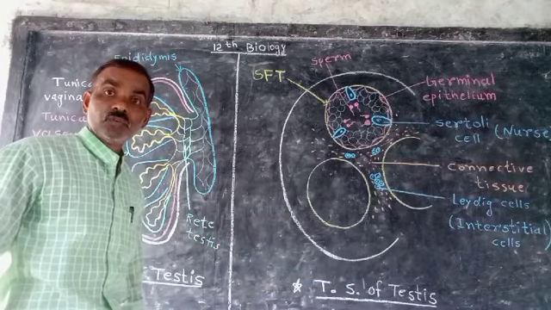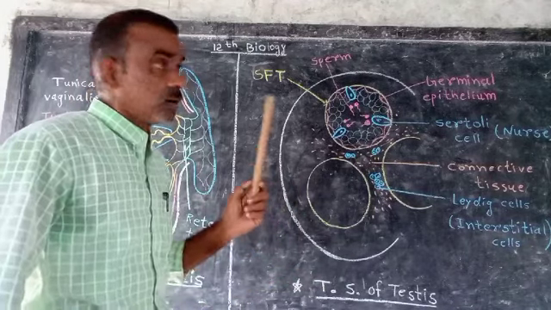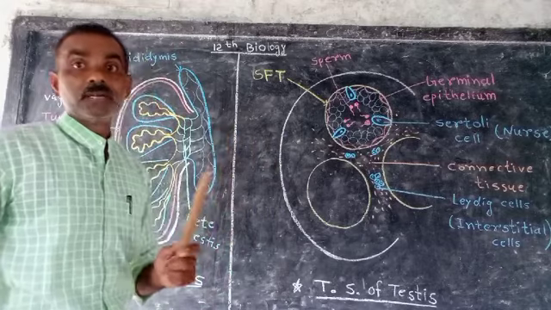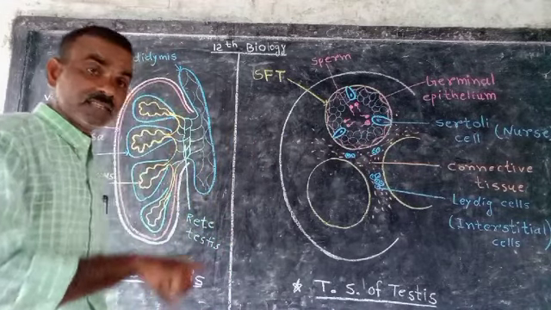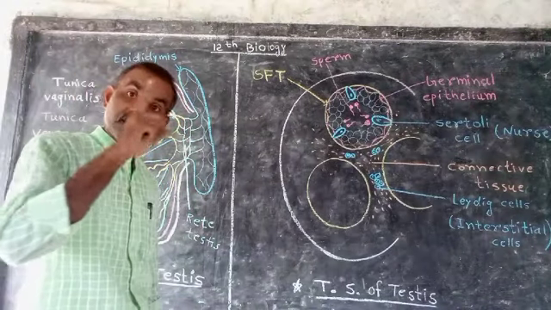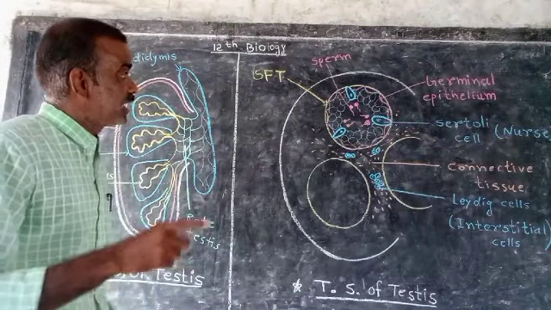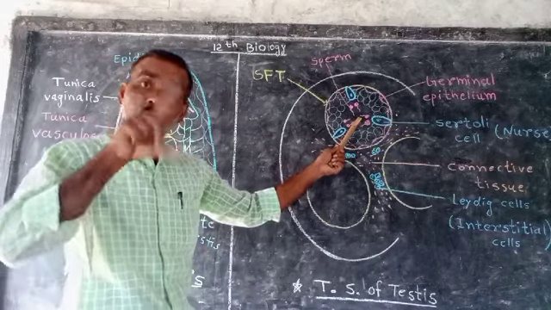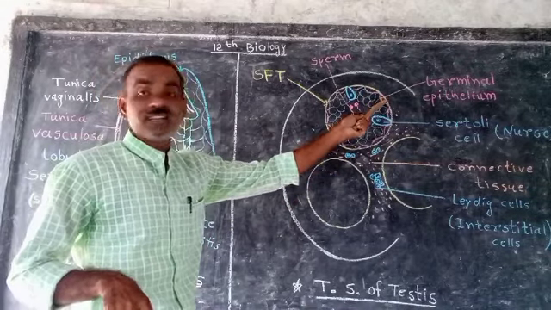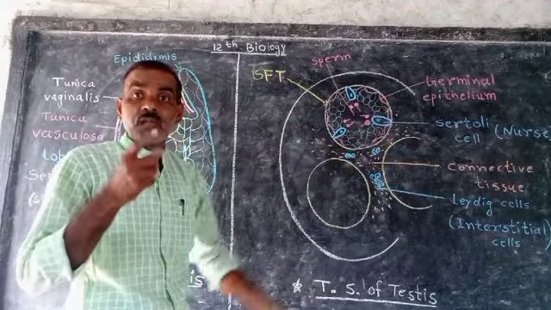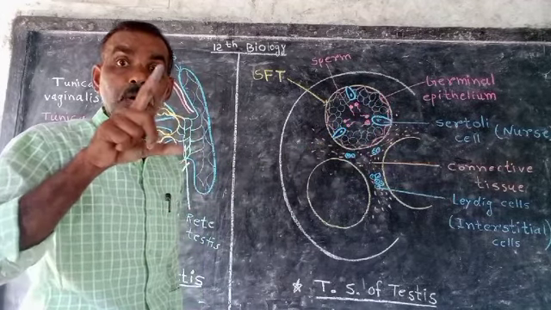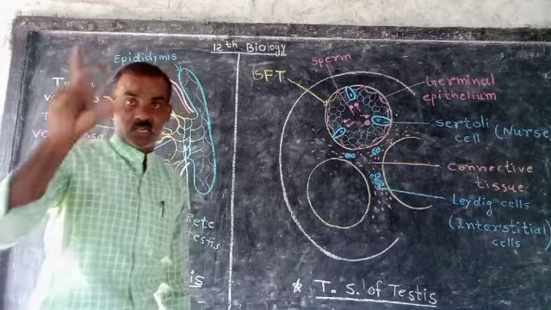Next time we will see the structure of the male gamete, that is the sperm. Sperm is produced in the testes. Sperm is the male gamete, and in testes sperm is produced from germinal epithelium by the process of spermatogenesis.